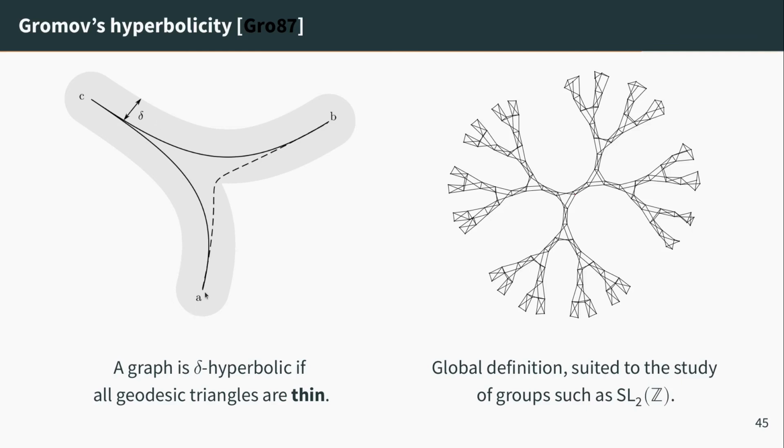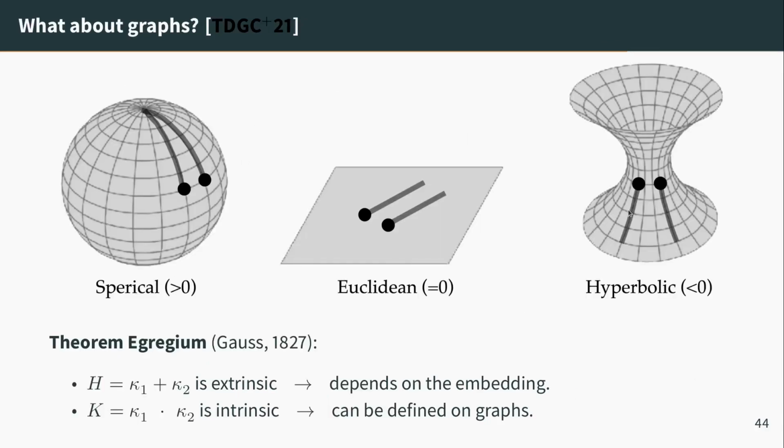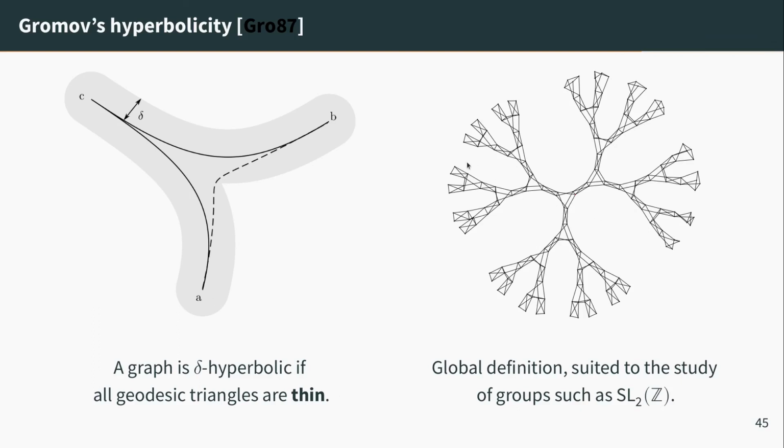Basically, if you define a delta neighborhood of the union of the 2 segments, delta neighborhood meaning the set of all points which are at distance less than delta to the points of the segments AC and BC, then you can show that on a hyperbolic space like this one, geodesic triangles will always be thin in this sense. Obviously, it's something that is not true on a Euclidean space.